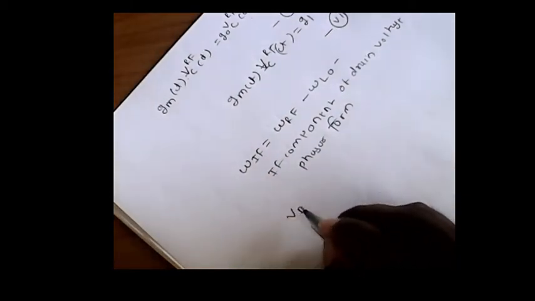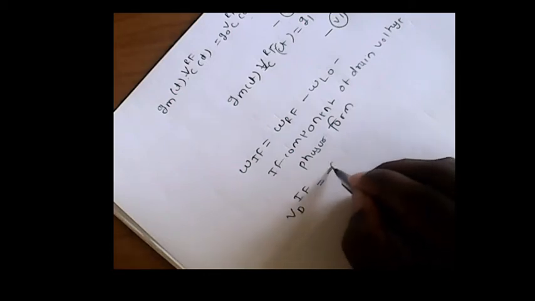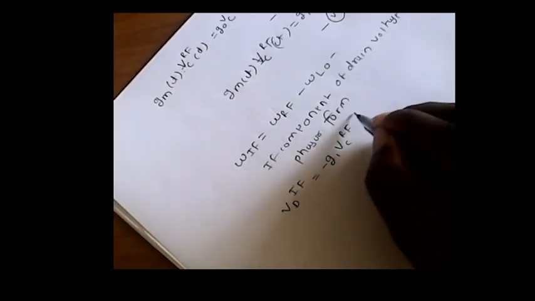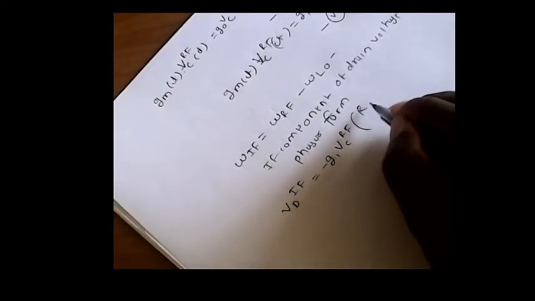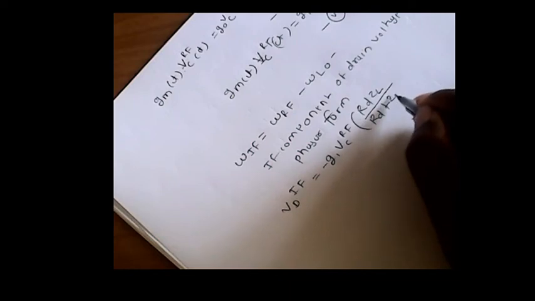So we can calculate the drain voltage at intermediate frequency, G1 Vc Rf, that is Rd into load impedance divided by drain resistance plus load resistance.